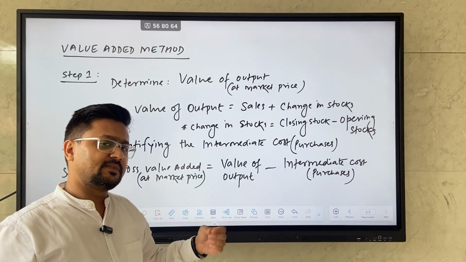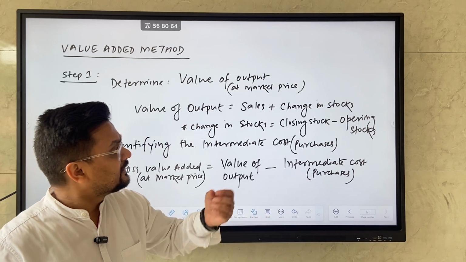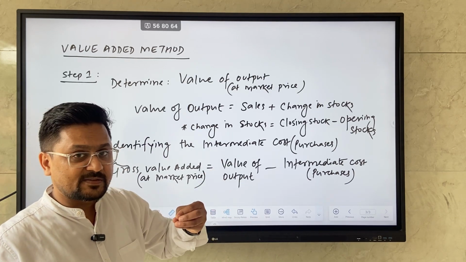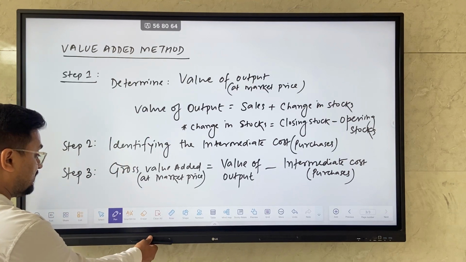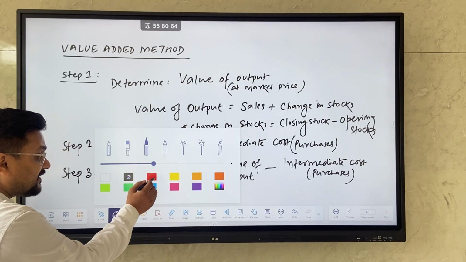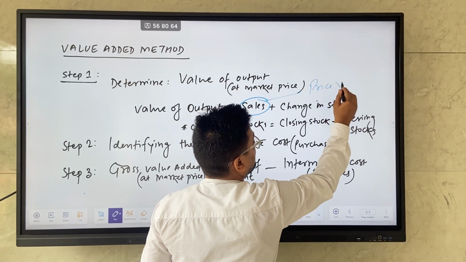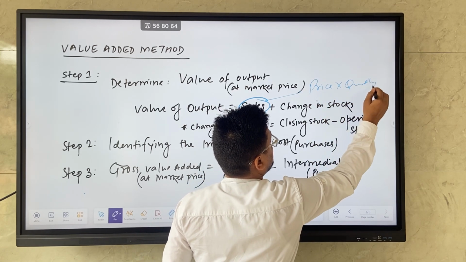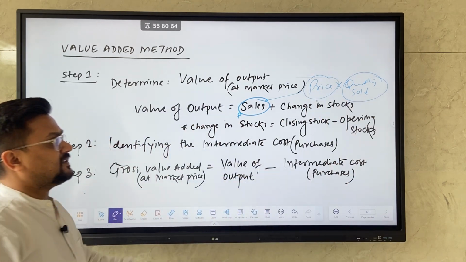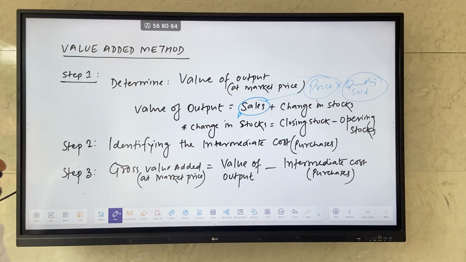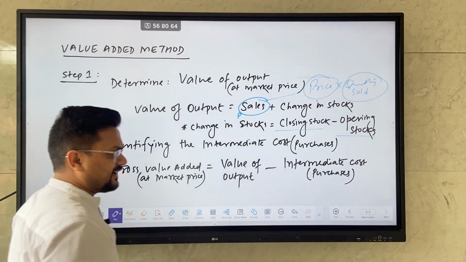Sometimes sales may not be given directly. Okay, so what is very much possible? Sales can be price into quantity sold. So price into quantity can be used to get sales, whereas closing stock and opening stock are given directly.